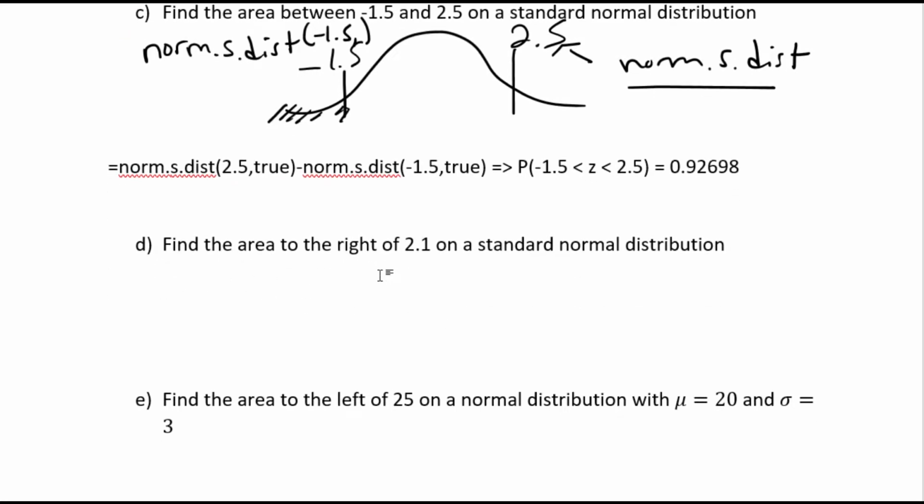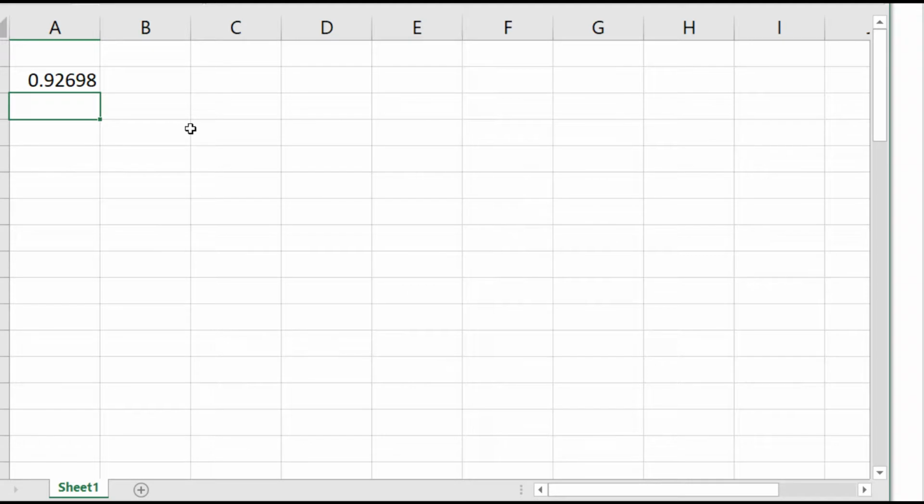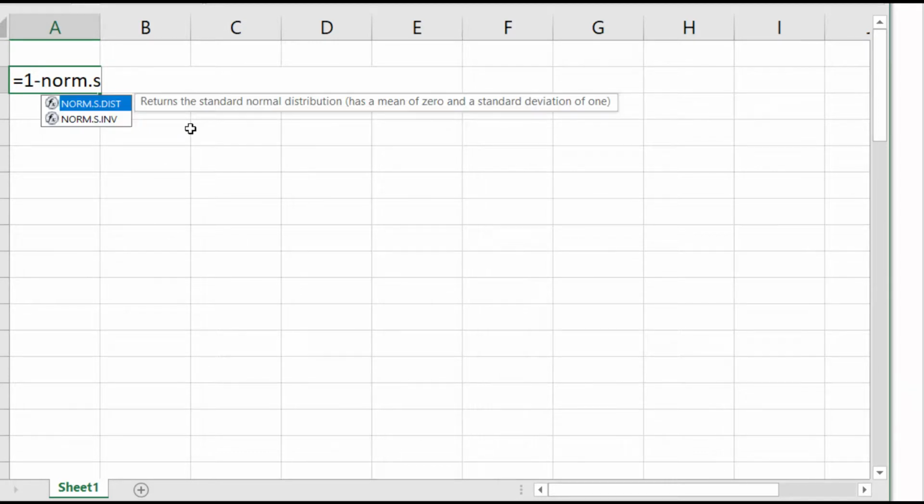Just like we did in the actual lesson, if you want the area to the right, you need to take the left and subtract it from 1. So you need to do 1 minus this probability. To get this, you're going to use the norm function, the same one that we used. So we do 1 minus the norm function.